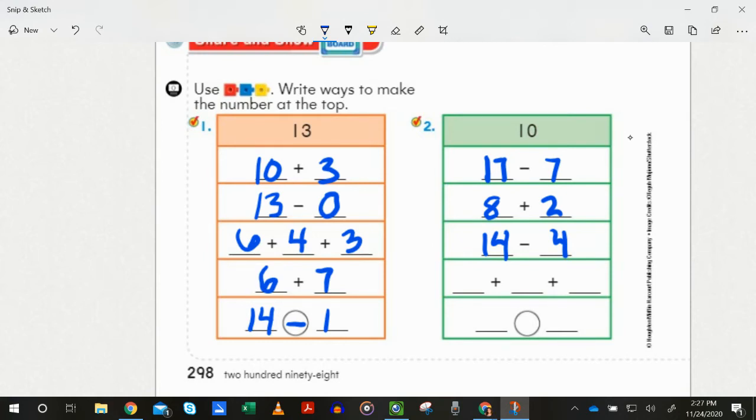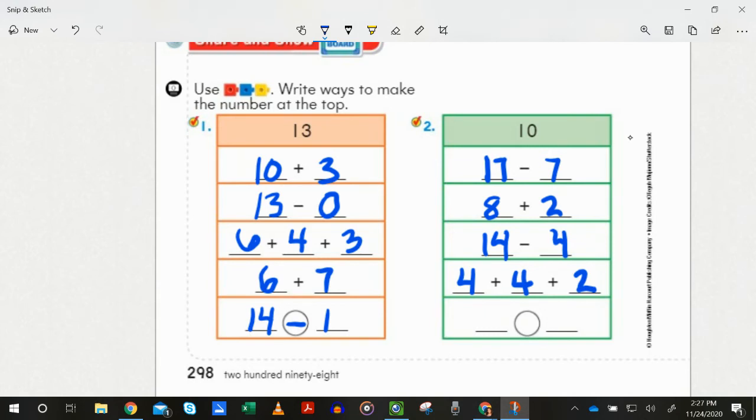Okay, again, it wants me to do 3 addends. I'm going to use the addition problem I've already done to help me. I'm going to use that smaller part 2, and then I'm going to break the 8 into 2 parts. I happen to know 8 is a doubles fact of 4 plus 4. So 4 plus 4, that makes my 8, plus 2 more to make 10.